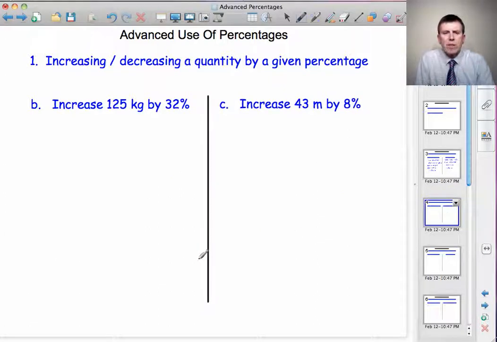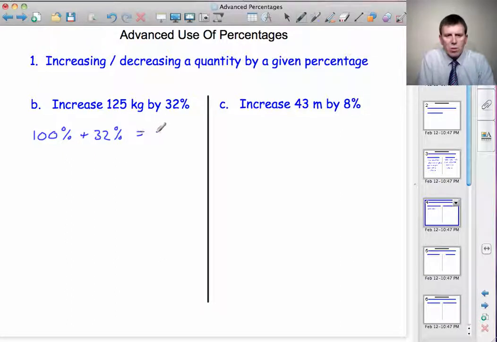Increase 125 kilograms by 32%. Well, the 125 kilograms is 100% of itself, and we're going to add on another 32%. And that will give us 132%. So all we've got to do is find 132% of 125 kilograms.